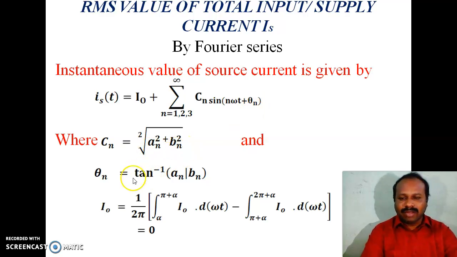Now we calculate the value of the constant load current I0.